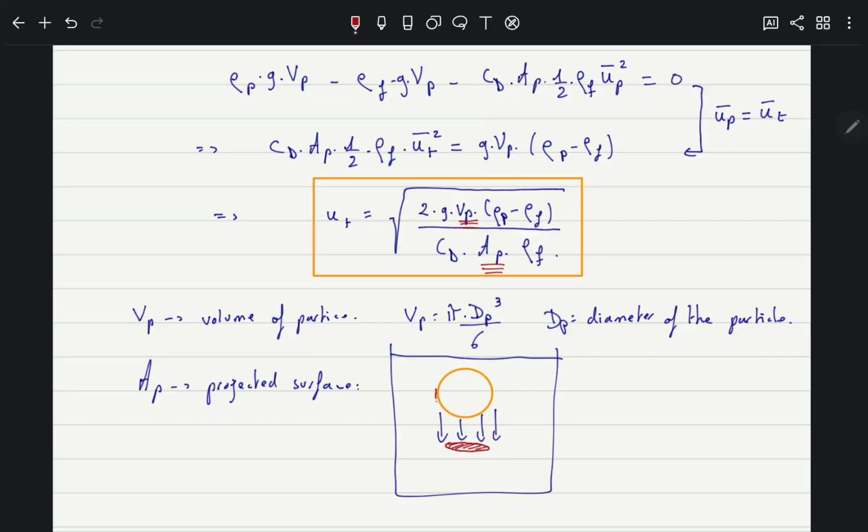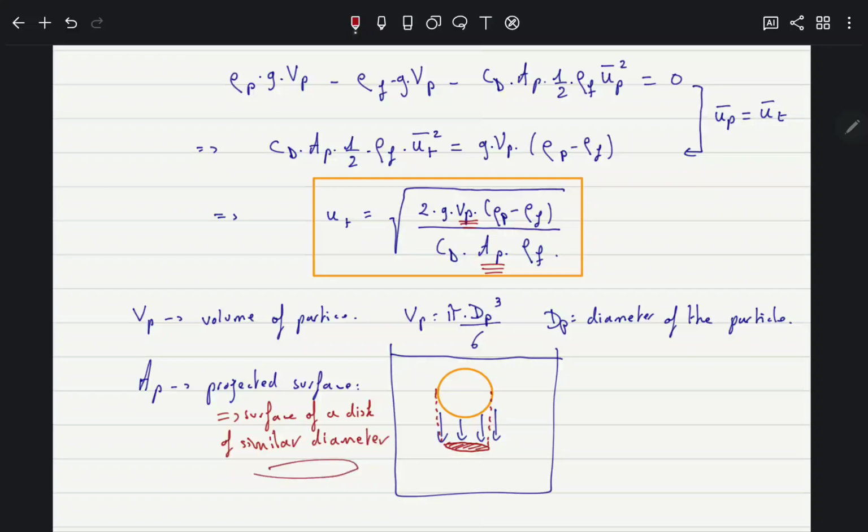So that's our tank, and basically the projected surface in this case will be the surface of a disk. You need to project the sphere here, and you get a disk. So that's the surface of a disk of similar diameter. Oops, sorry for the typo. Similar diameter.